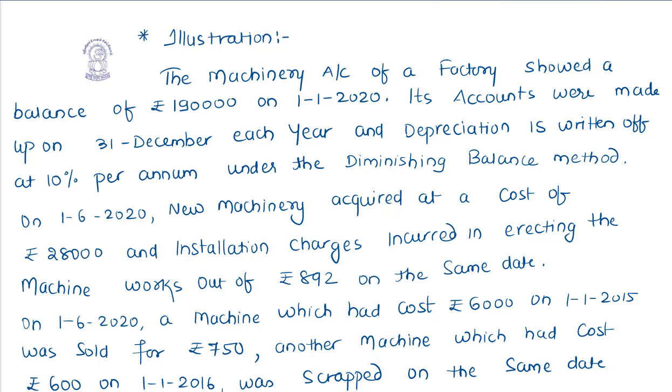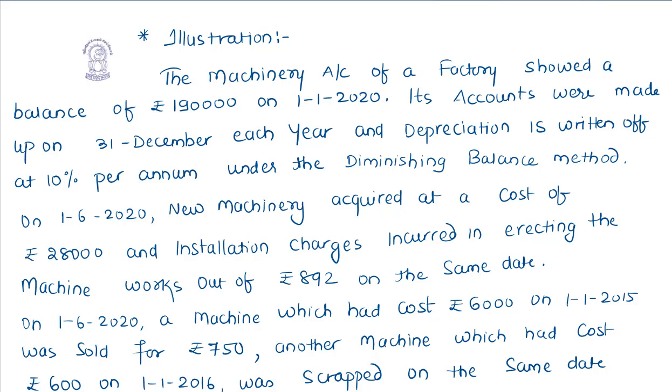The machinery account of a factory showed a balance of rupee 1,90,000 on 1st of January 2020. Its accounts were made up on 31st December each year, and depreciation is written off at 10% per annum under the diminishing balance method. On 1st June 2020, new machinery acquired at a cost of rupee 28,000 and installation charges incurred in erecting the machine works out of rupee 892.